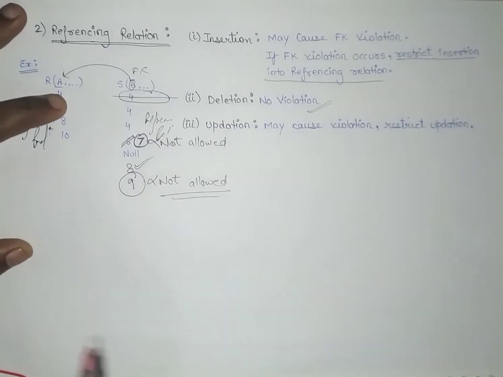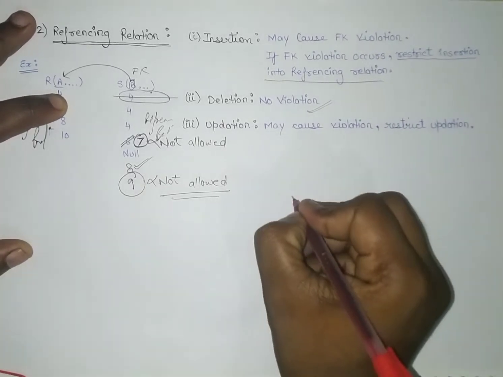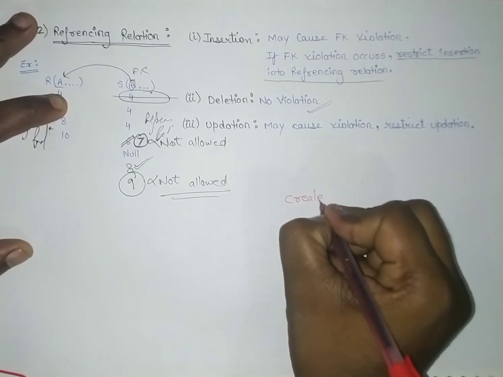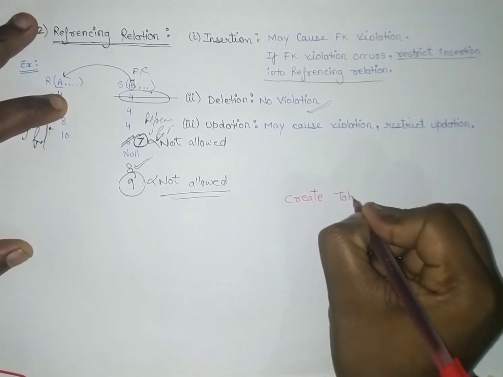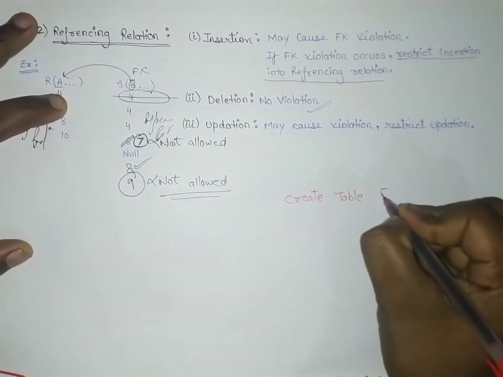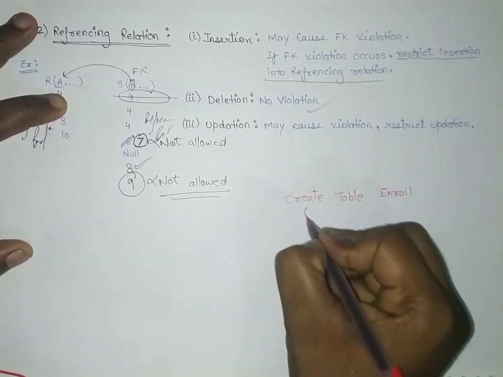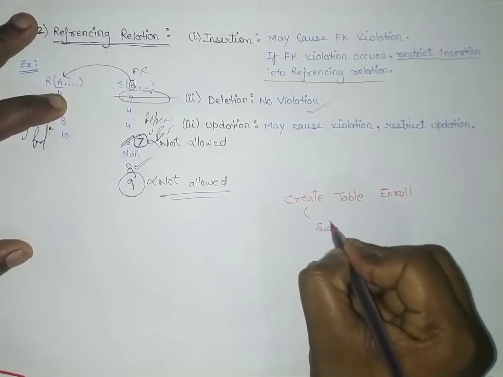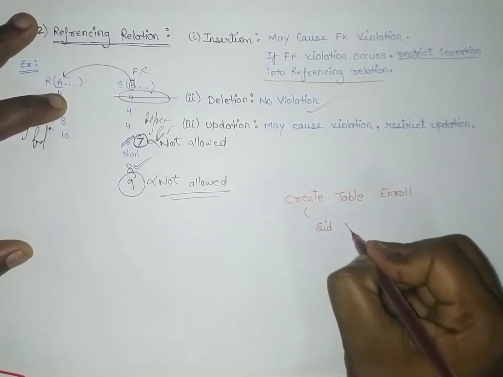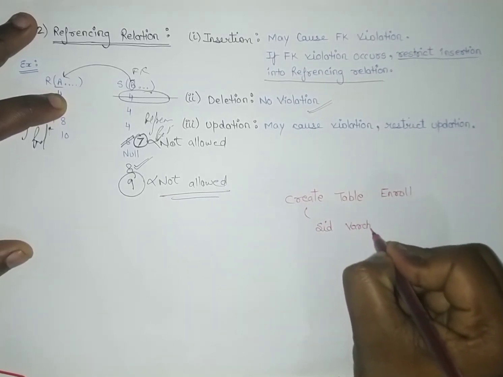So I am going to create a table. I am creating a table with the name enrollment. One attribute is SID. It will take variable characters as well.